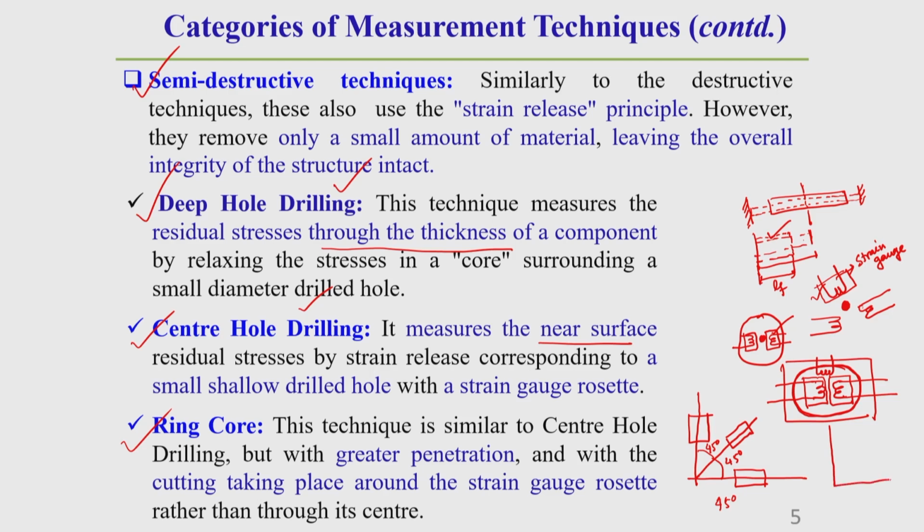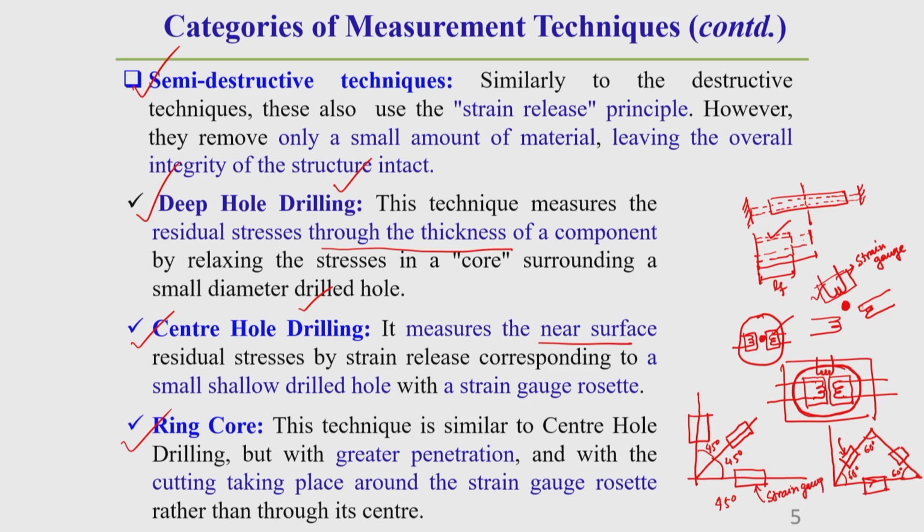How is it? One strain gauge is horizontal, another is at 60 degrees to this horizontal axis, and another is at 120 degrees with the horizontal axis. So this is 60 degrees, this is 60 degrees and this is 60 degrees. These are all strain gauges.